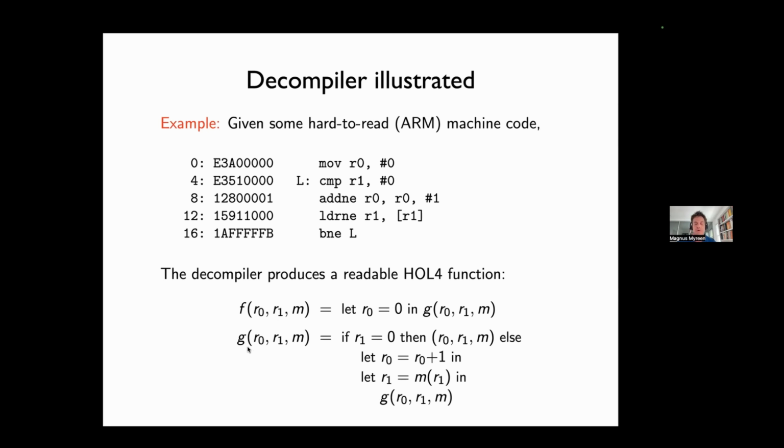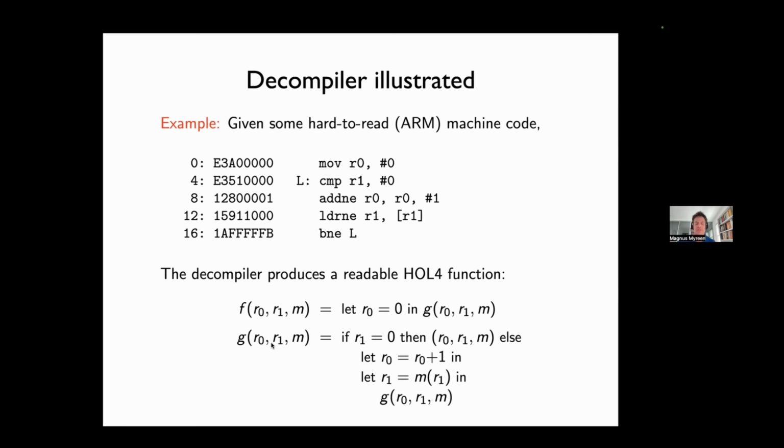What does the loop do? Well, it first does a comparison of register 1 with 0. That's what it does here. And then if it turns out to be equal, all of these are not executed because they have this conditional suffix here, not equal. So if they are equal, then you just return. You sort of plop down here and you continue executing from here.